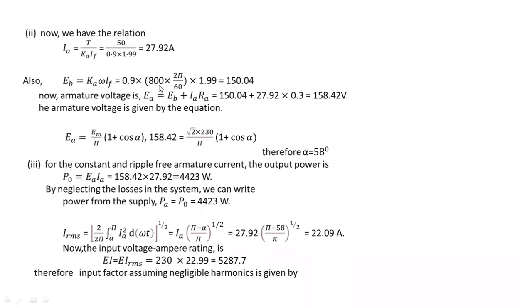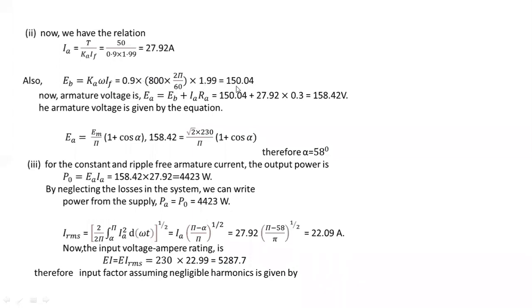This RPM can be converted into radians per second by multiplying it with 2 pi by 60. You have done the same in Machines 1 and Machines 2 subjects also. So 800 into 2 pi by 60. Now this speed is converted into radians per second. We know Ka is 0.9. We know If as 1.99. Now calculate Eb.